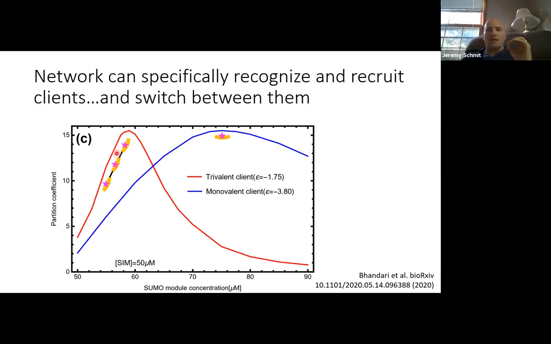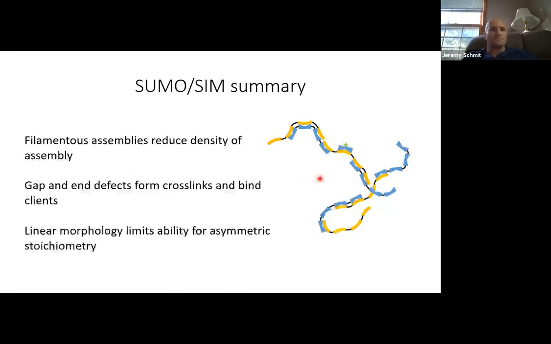So that means if these clients had some sort of enzymatic property, we could switch the functionality of this condensate just by adjusting the scaffold concentrations. Okay, and I think that's really pretty remarkable, given that this is a liquid. Okay, this is a liquid. It's intrinsically disordered, yet there is enough structure in there to give you specific client recognition.